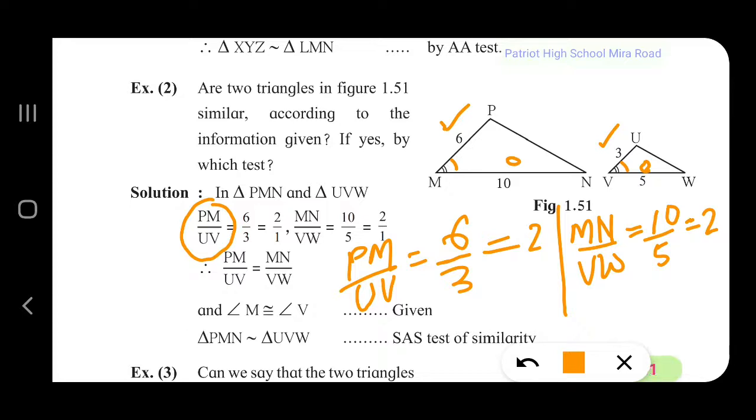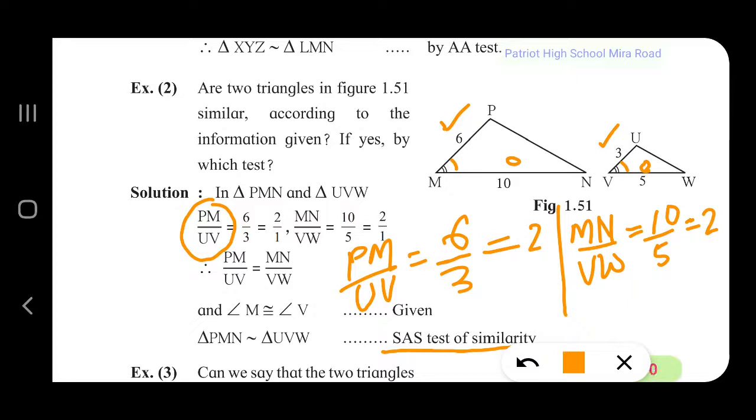That has been given. Therefore, triangle PMN is similar to triangle UVW by the SAS test of similarity.